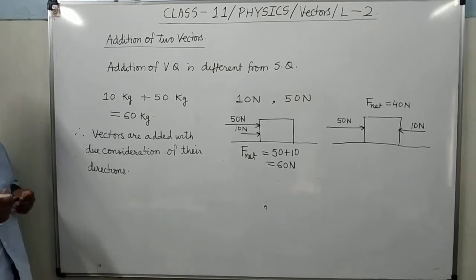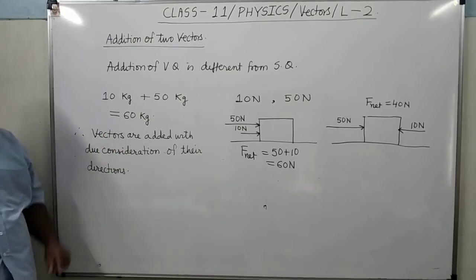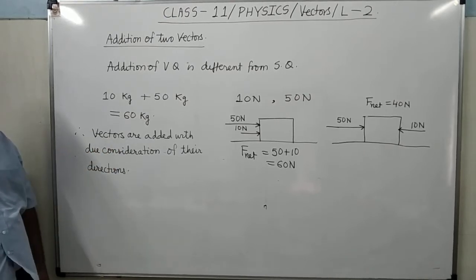It's clear? Means we can add two vectors, but during addition we will also consider their direction. Without considering their direction, we cannot find the magnitude of the resultant vector.